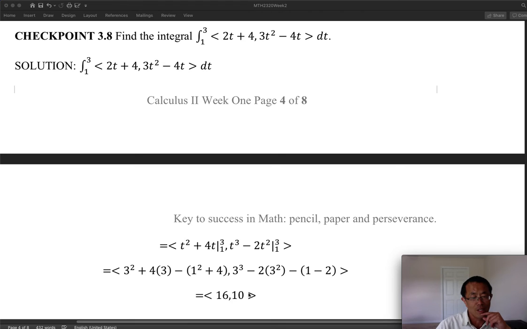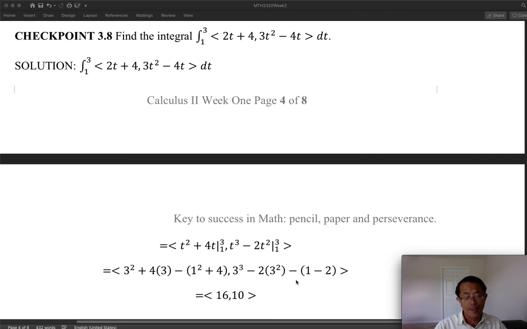I believe I'm correct. For the second component, replace t with 3: 3 cubed minus 2 times 3 squared. Then replacing t with 1, the entire thing is 1 minus 2.